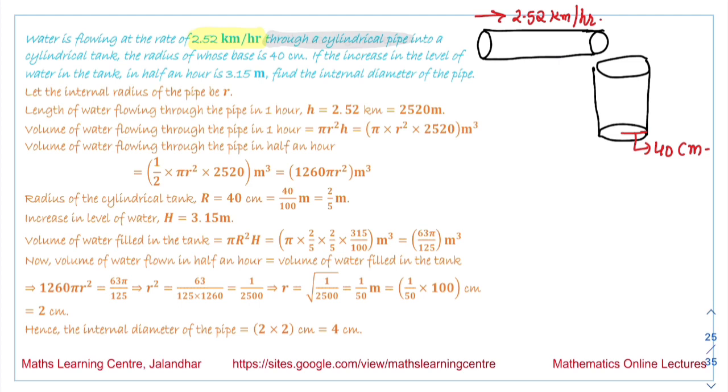If the increase in the level of water in the tank in half an hour... suppose this is the original level of water in the tank. The water has flown for half an hour. For half an hour, how much distance are we talking about corresponding to this pipe?